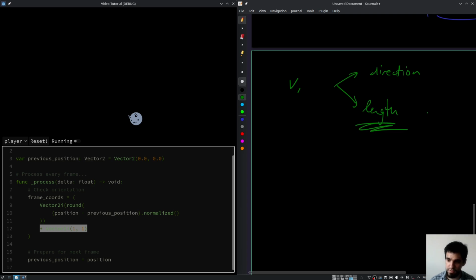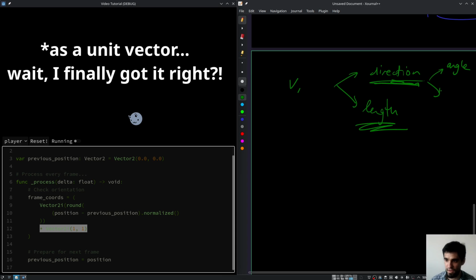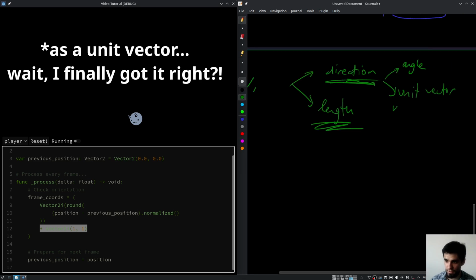Length is very important. It's how we would be able to check if we have reached the target, for example, or how we check how far things are from each other. But often we are also interested in the direction. And this direction, we can think of as an angle, or we can think of it as a unit vector, or a normalized vector.